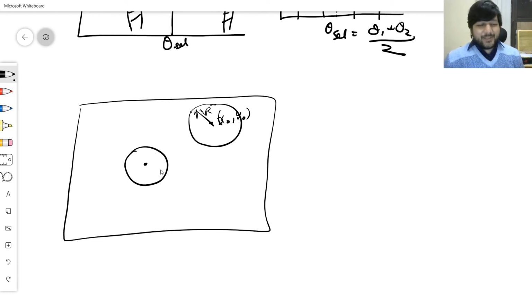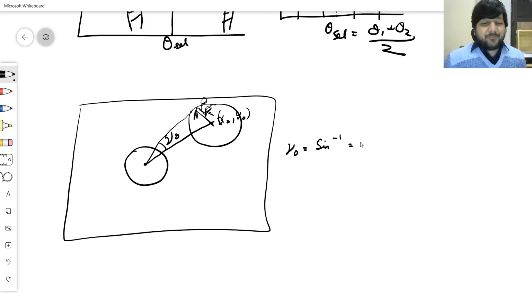You just apply exactly the same fundamentals. This is x0, y0, and this is the radius of the robot, say rho r. So you can measure both these angles, and you know the angular range gamma O, and the same formulas will hold good.